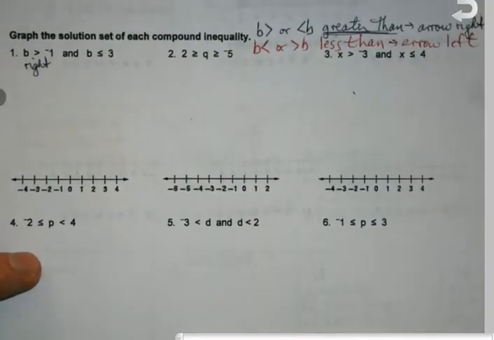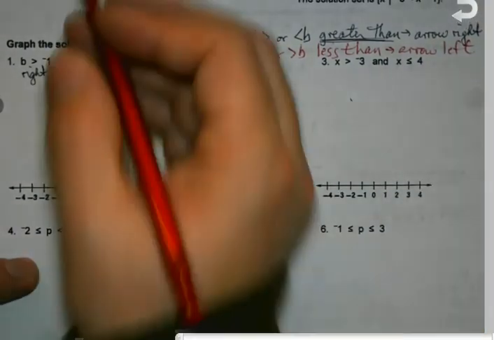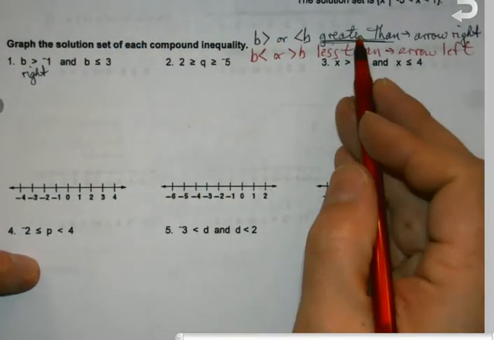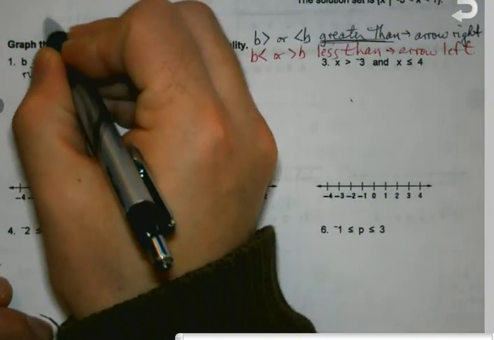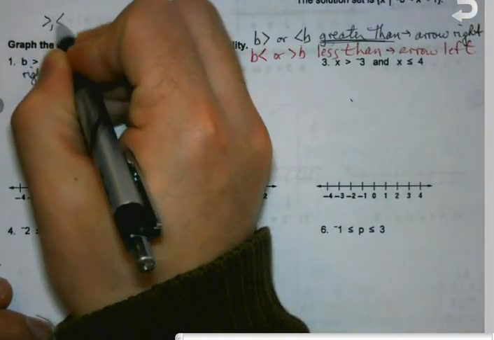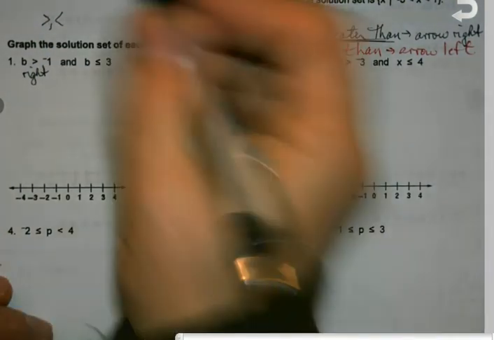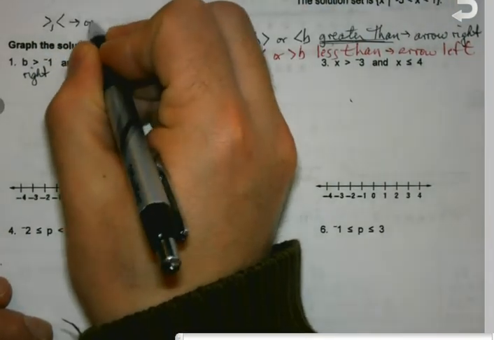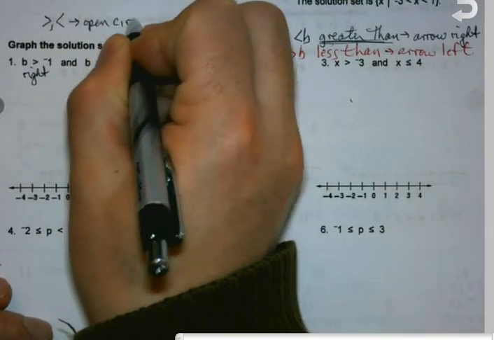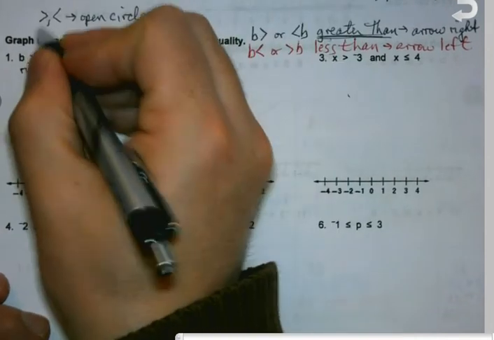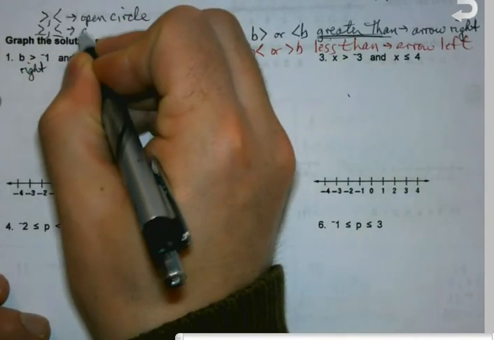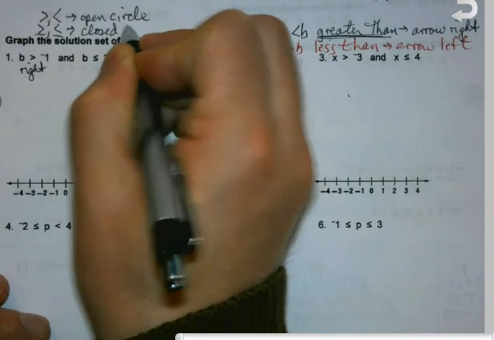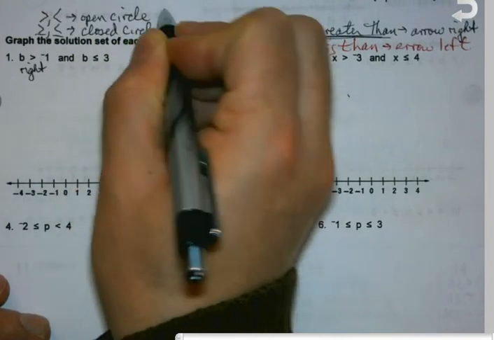So let me put one more note up here. Whenever I have greater than, if I have an arrow that's just by itself, that's going to be an open circle. If it has the or equal to line underneath, that's going to be a closed circle.